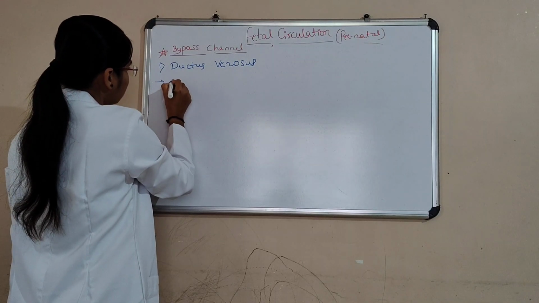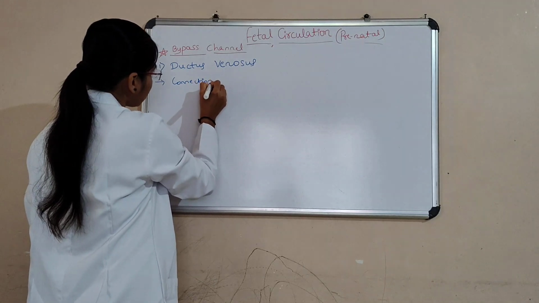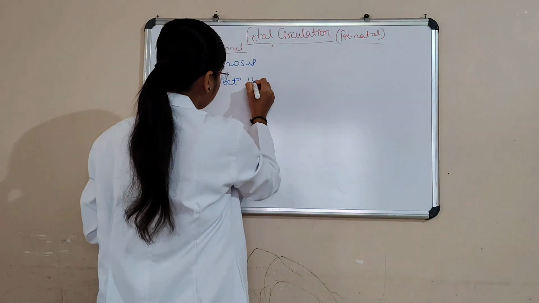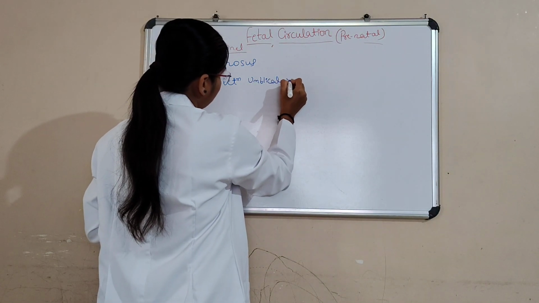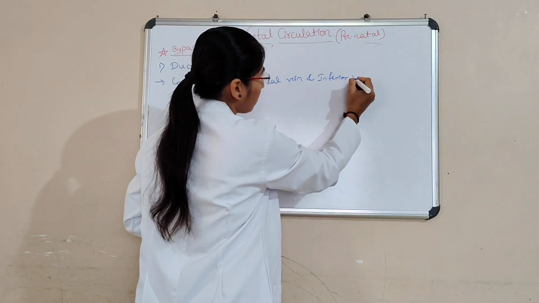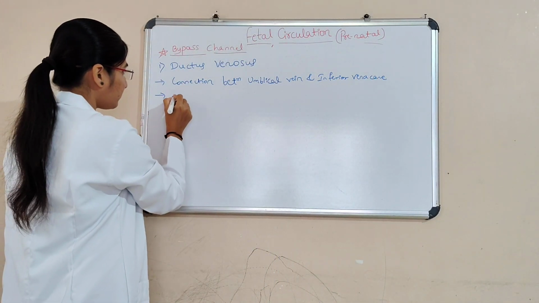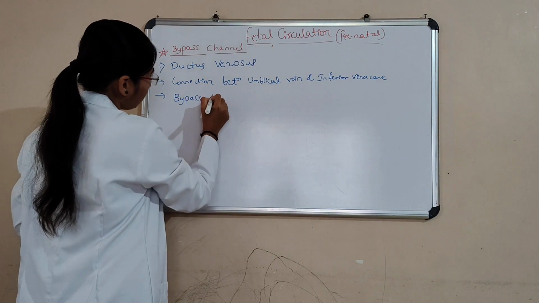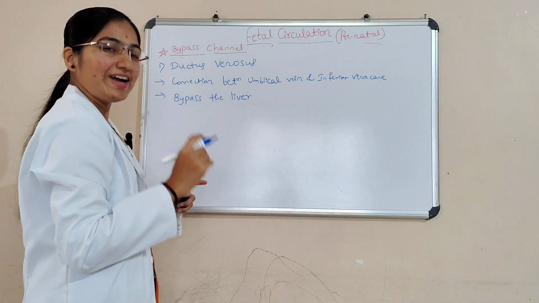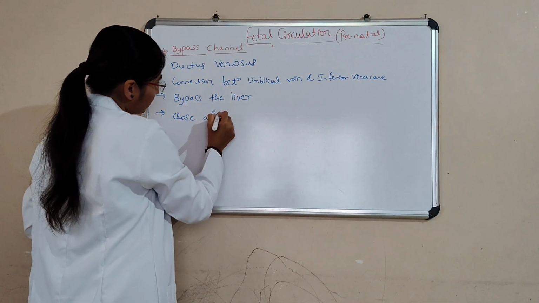Here, it is the connection between the umbilical vein and the inferior vena cava, and then it bypasses the liver, and closes after birth.